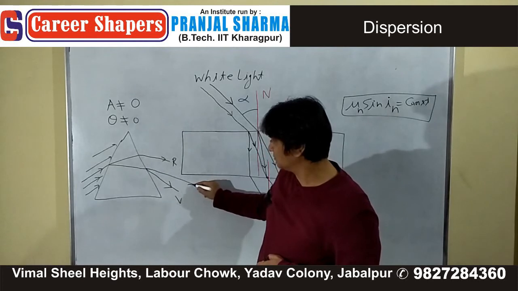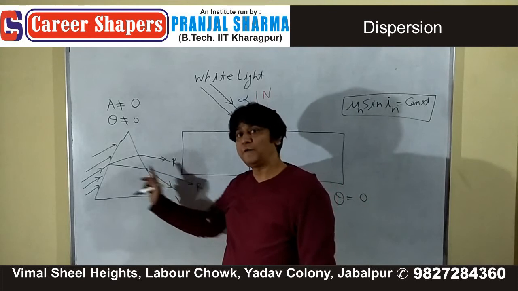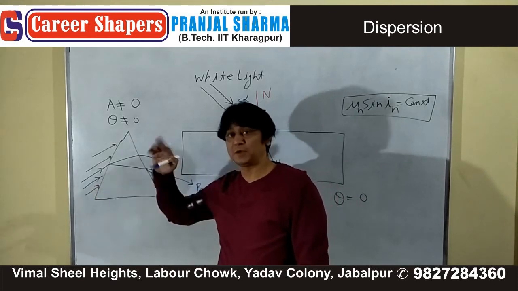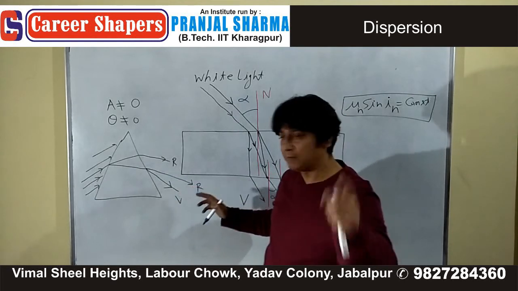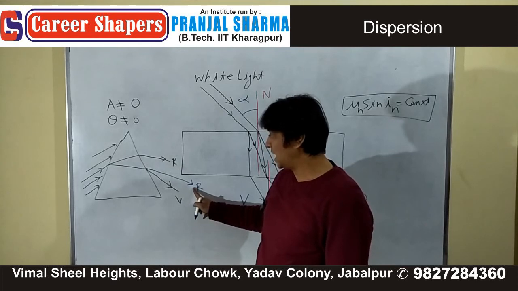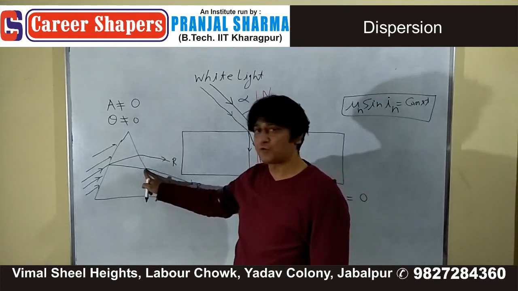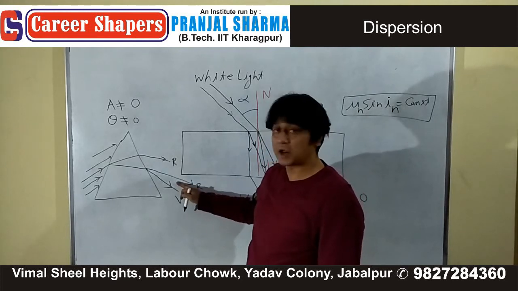parallel to this R, parallel to this, of some other color or of some other ray. When you take component of its colors and all, then you find what? R also emerges out from this position. Now, this R and this R, they are parallel.